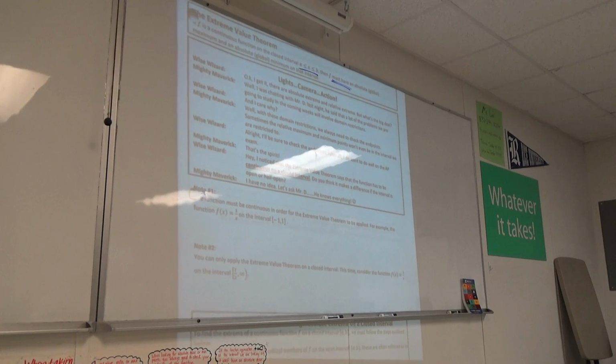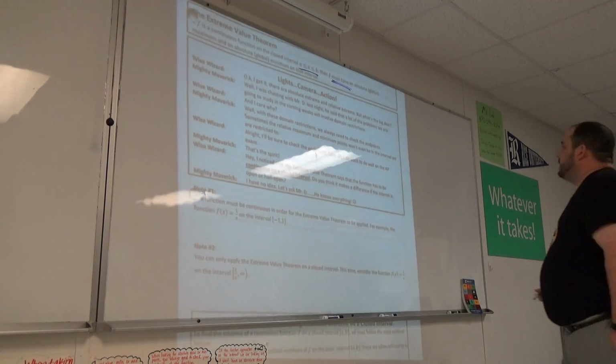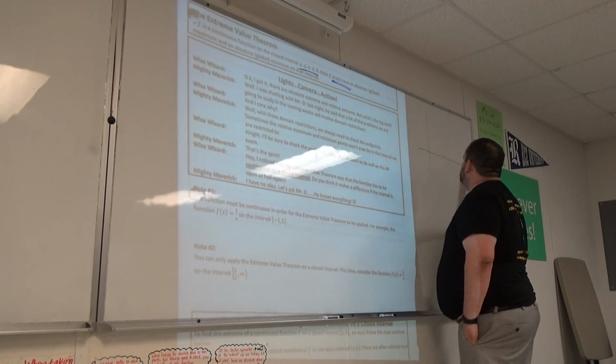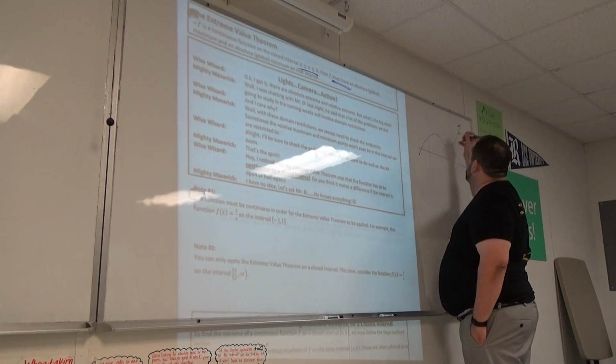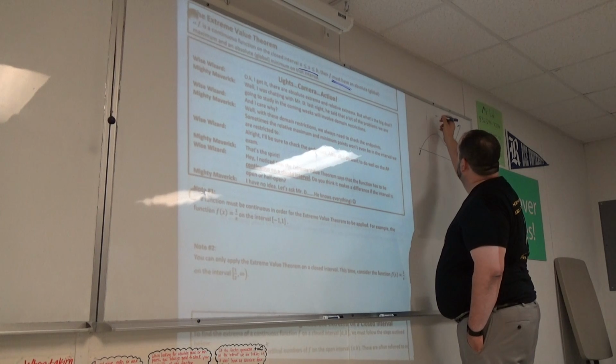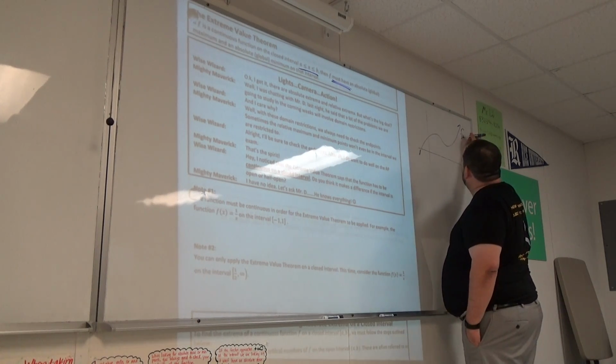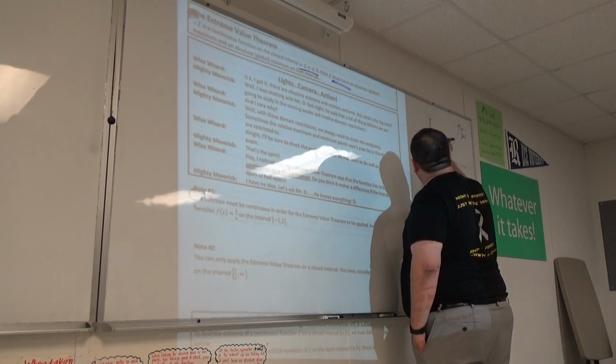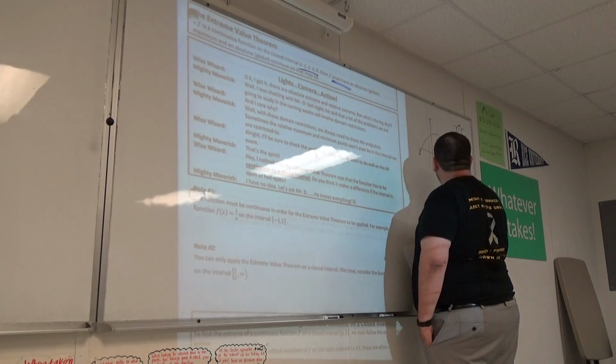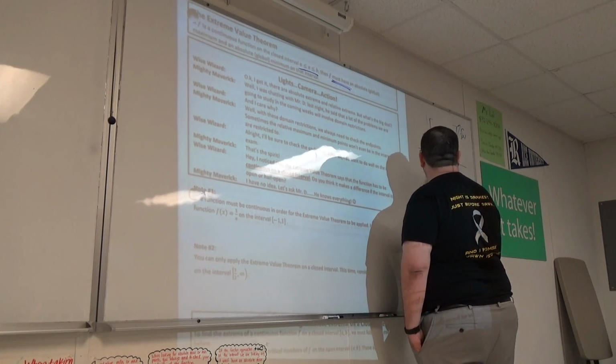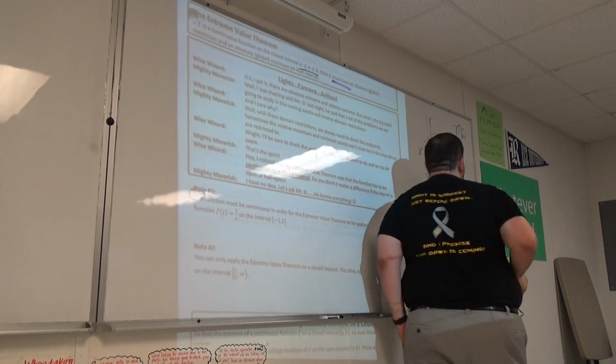Why don't you draw on your paper somewhere a continuous function? And then put your blinders on. Okay, here's my function f of x, which is continuous. Here are my blinders. Here's x equals a, here's x equals b.